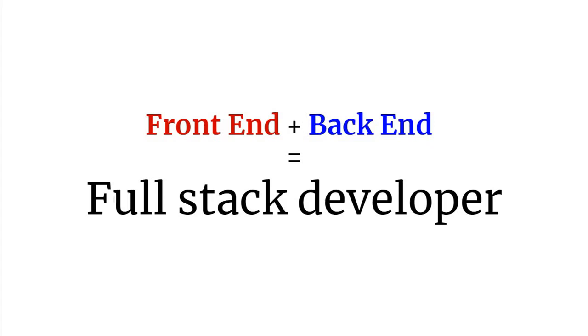But the common sense of this course is that the course highlights how to become a full stack developer and all the technologies involved in it. So we have to have knowledge of both front end and back end. That is why, if you know both the technologies, you will be called a full stack developer.